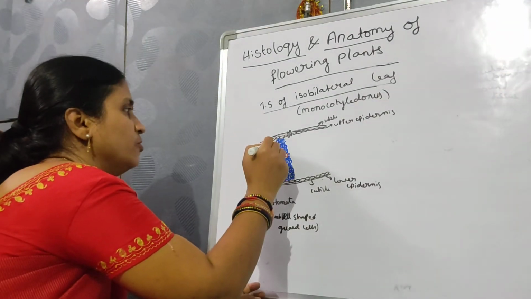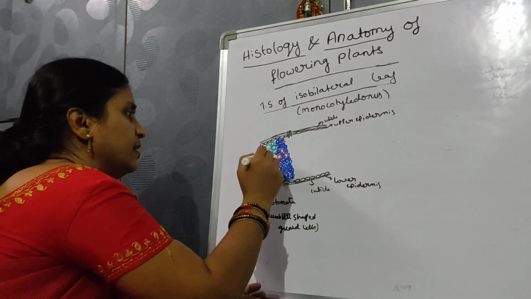Then here the bulliform cells are present, which are compactly arranged.